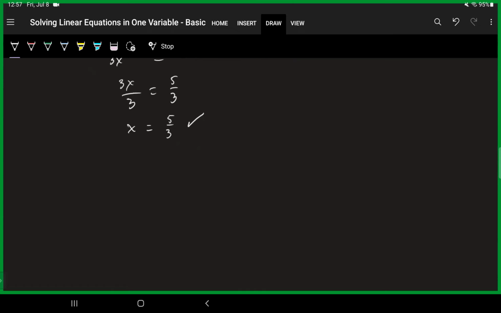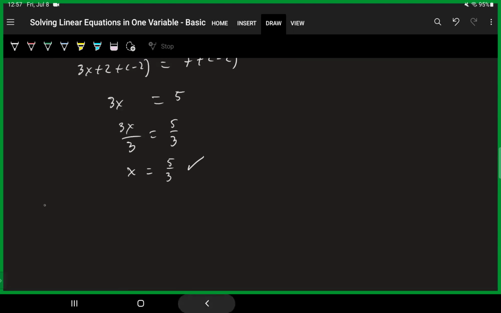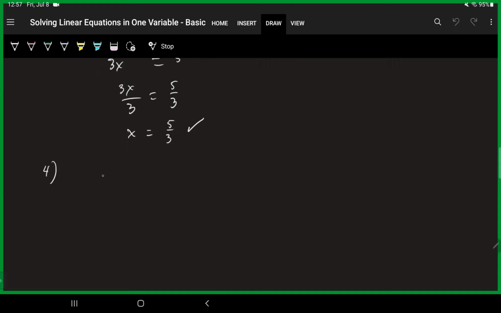And let's do one more that's a little bit more complicated. Let's throw some signed numbers and some fractions in here. So that would be number 4. Let's look at -x plus 1/2 is 2.